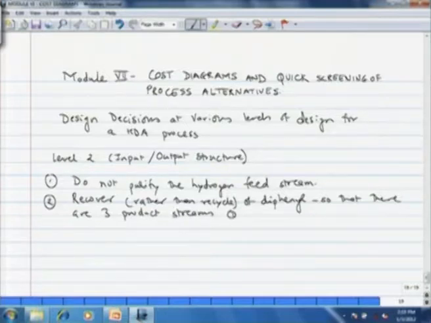First benzene, the main product, then second diphenyl, the side product, and third is the gas purge stream.